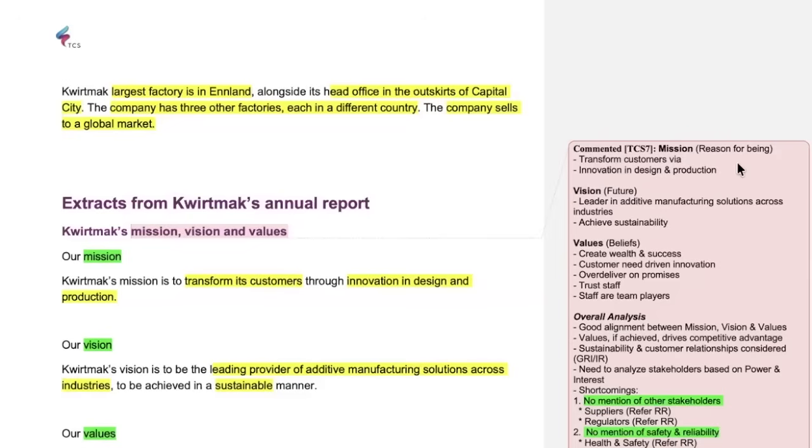So compared to traditional manufacturing, 3D printing is totally different. It offers various different types of benefits to customers compared to traditional manufacturing. So we are in a position to transform our customers. And how are we trying to transform our customers? By offering innovation in design and production.